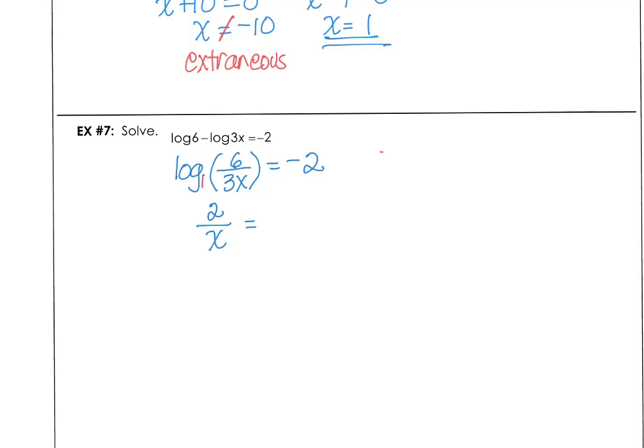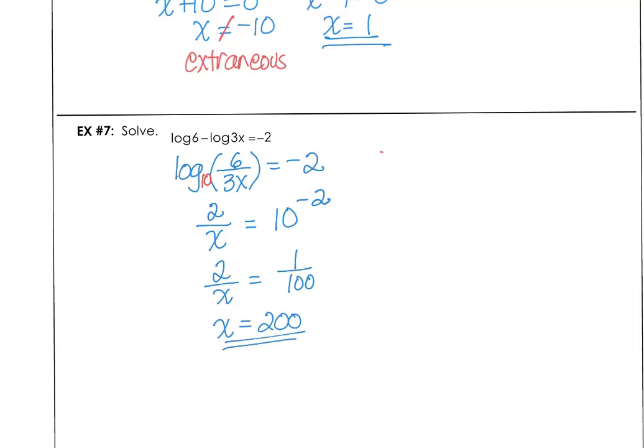And again, we're thinking about base 10, so 10 to the negative 2 power is going to be equal to 2 over x. Now, 10 to the negative 2 power is 1 over 100. And solving for x gives us 200.